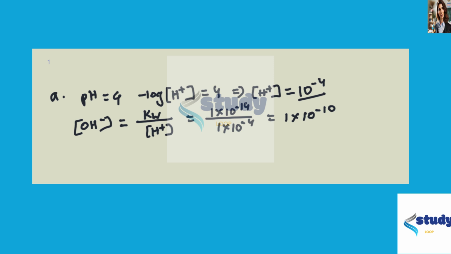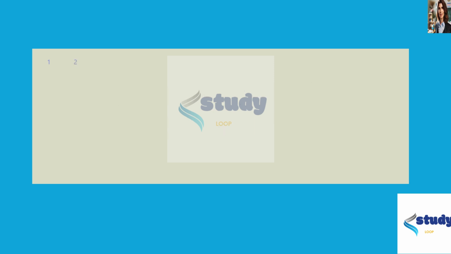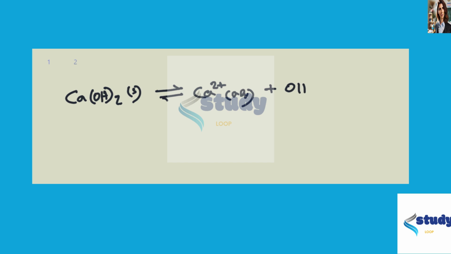Now we have to set up the dissolution reaction for calcium hydroxide. We write calcium hydroxide as a solid, and set up the equilibrium with its ions. We have 2 hydroxide ions here, so we put a 2 here. Then we set up the ICE table for this.